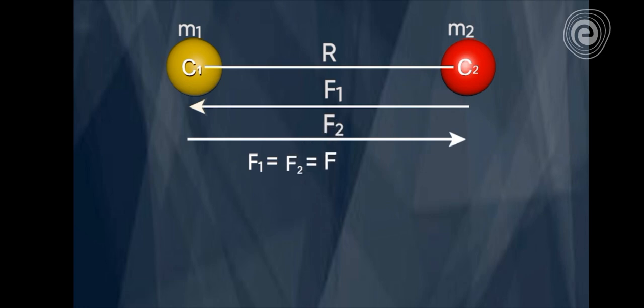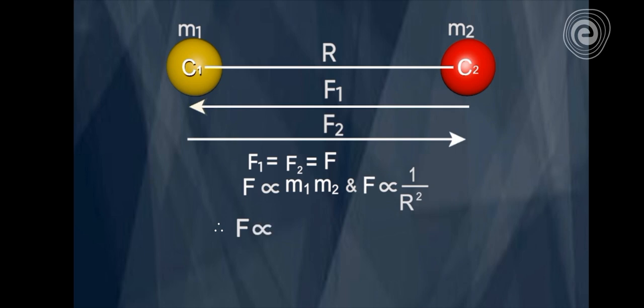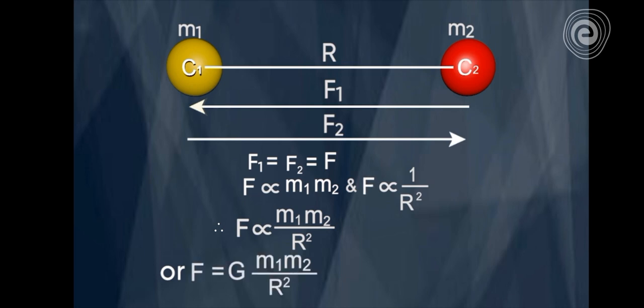The law of gravitation states F is proportional to m1 into m2, and F is proportional to 1 upon r squared. Therefore, F is proportional to m1 m2 upon r squared, or F is equal to G into m1 m2 upon r squared.